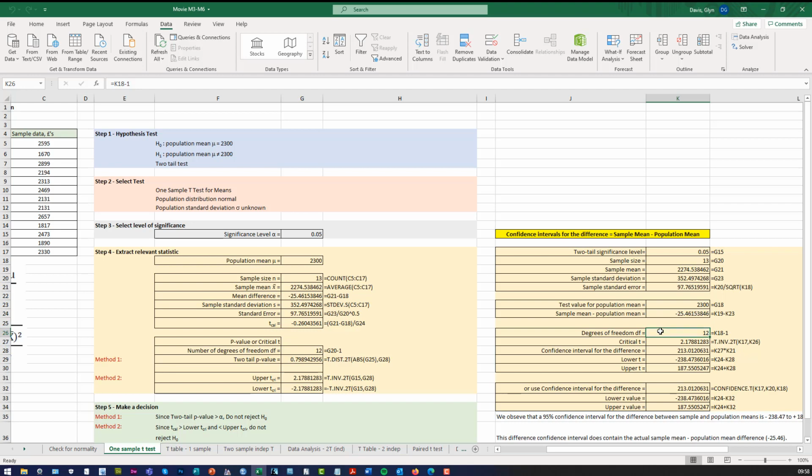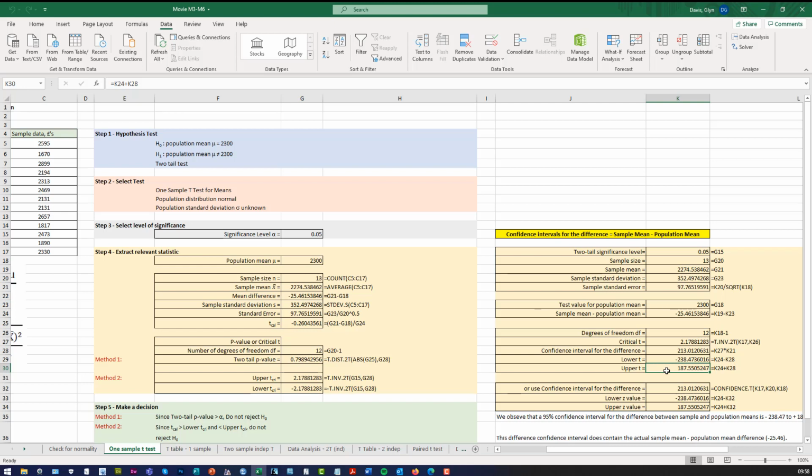So we get degrees of freedom is 12. The critical t value is now given by the Excel function T.INV.2T. Now you can get the confidence interval for the difference, which is 213. Remember, that's just t times the standard error. Then you get a lower value, which is minus 238, and an upper value, which is 187.